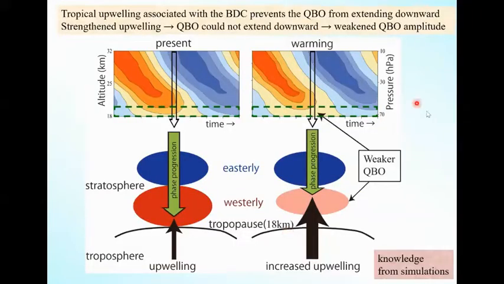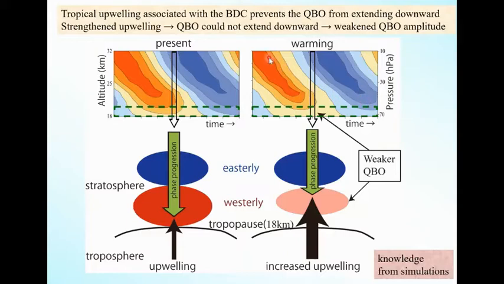So this is a kind of summary of my simulated result. This is the present climate QBO, and the right is the warming climate QBO. Both QBOs propagate downward, but tropical upwelling increased significantly, especially in the lower part of the stratosphere.